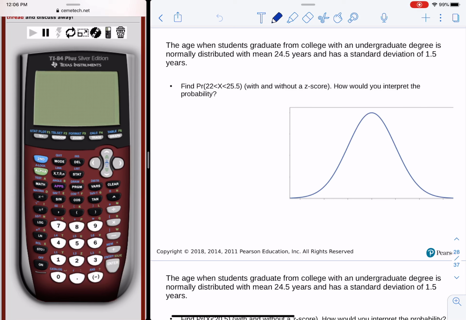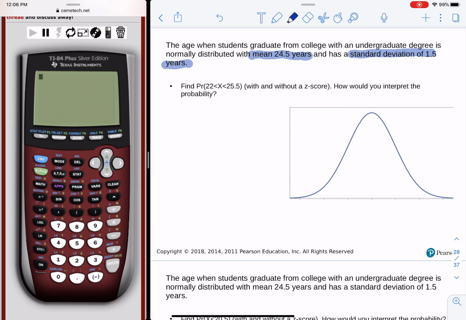So this is part 2 on normal distributions, and here is an example. The age when students graduate from college with an undergraduate degree is normally distributed with mean 24.5 years, and a standard deviation of 1.5 years.